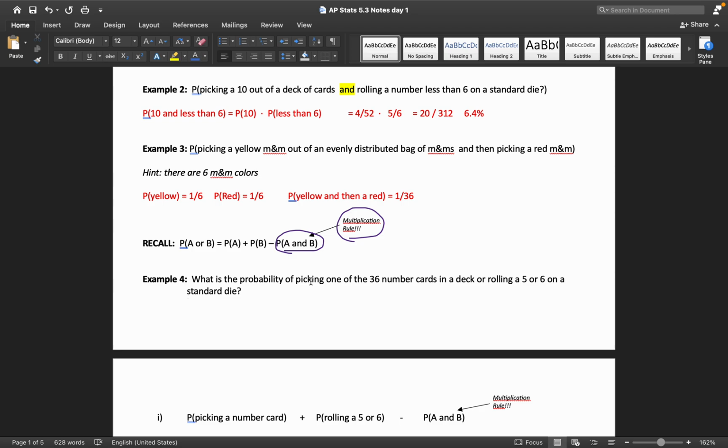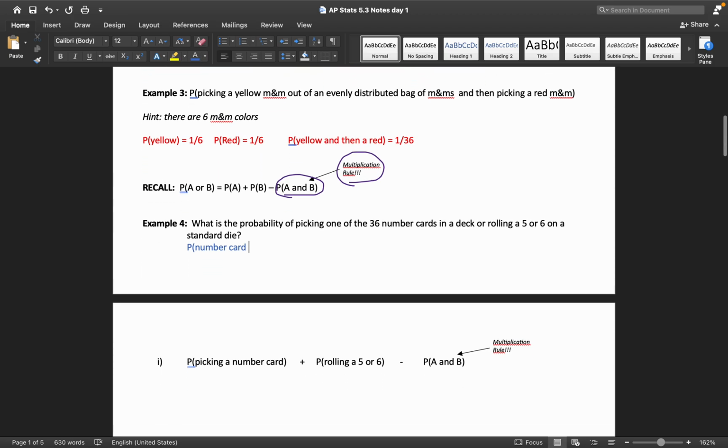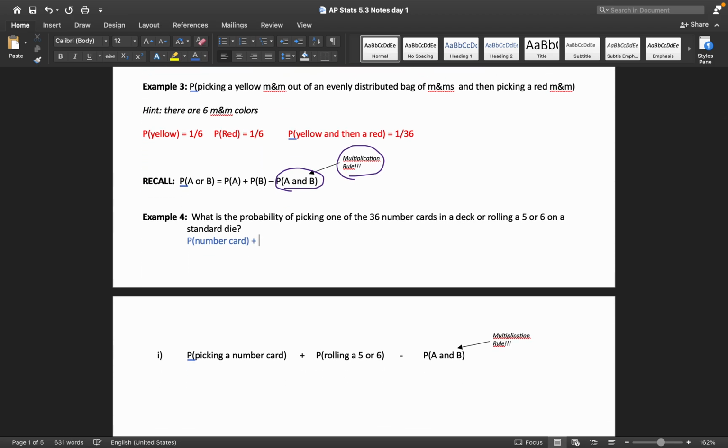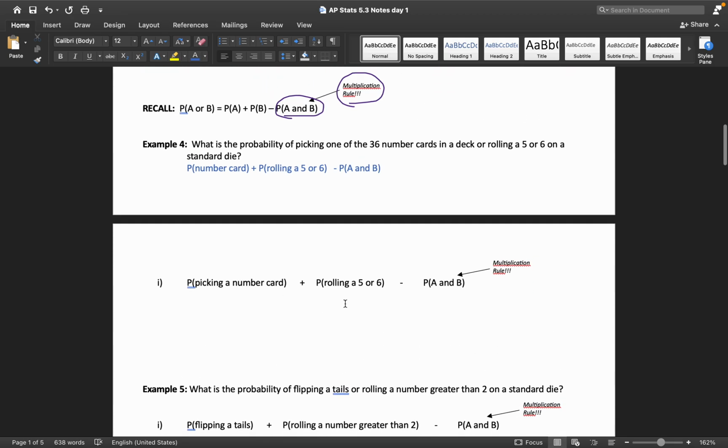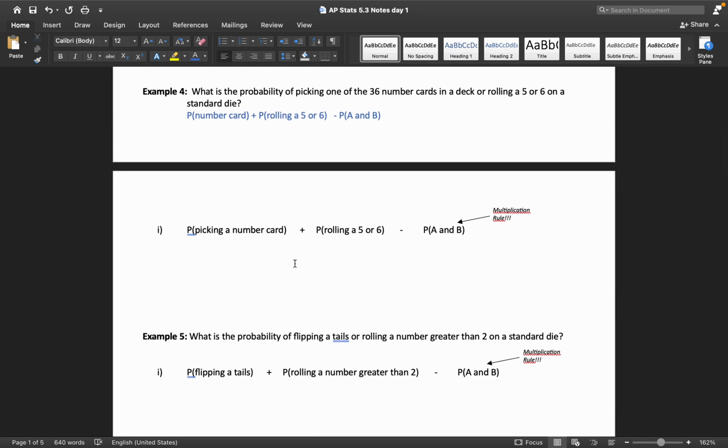The probability of picking one of the 36 number cards in a deck, probability of a number card, plus the probability of rolling a 5 or a 6 minus the probability of A and B. That's our general addition rule, and this last part is our multiplication rule.